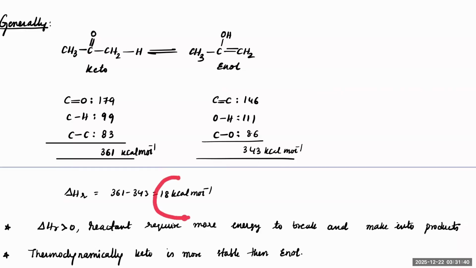We notice that there is an 18 kilocalories deficit in the enol form. So which suggests that given the chance, the functional group would like to exist more on the ketone side, because on the ketone side we have stronger bonds as compared to that of the enol side. If you compare ketone to enol, ketone has stronger bonds.